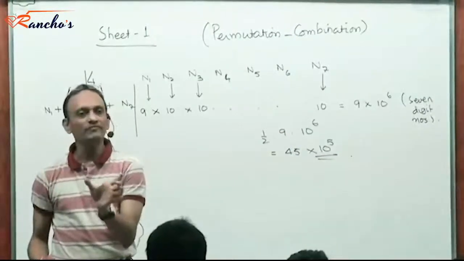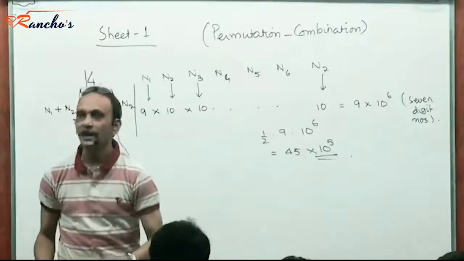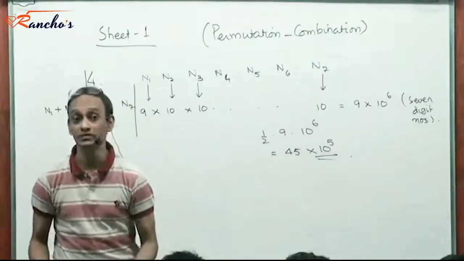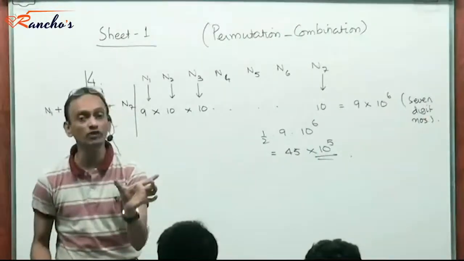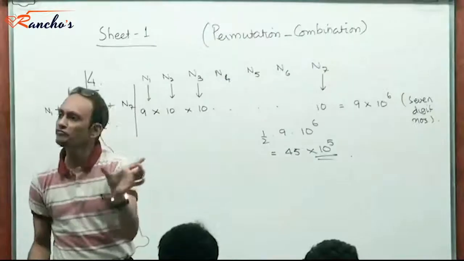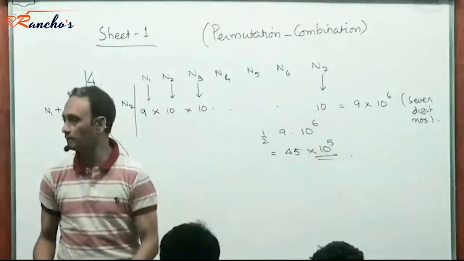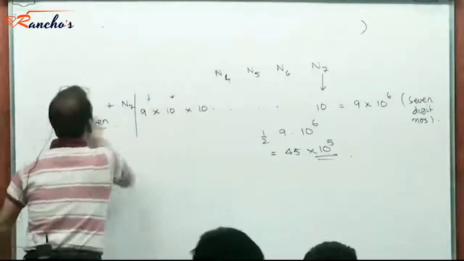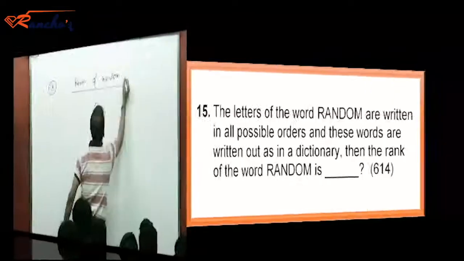All possible arrangements of the alphabets are arranged as in a dictionary, and I want to be able to find the rank of RANDOM in a dictionary, given a dictionary is formed only out of the alphabets of RANDOM, taking all at a time. Rank of RANDOM.